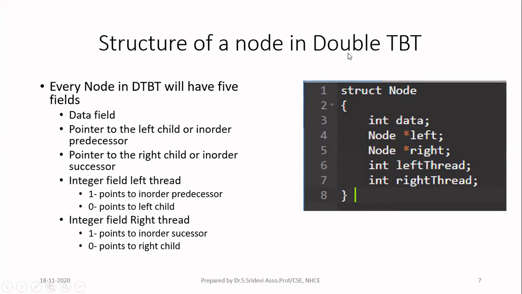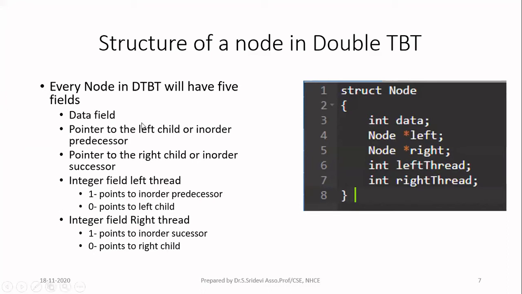We are going to focus on the double threaded binary tree only. Every node in the double threaded binary tree will have a total of 5 fields. So far we have seen that a node in a tree will have 3 fields: the data field, the left pointer, and the right pointer. But in case of a double threaded binary tree, every node will have 5 fields.